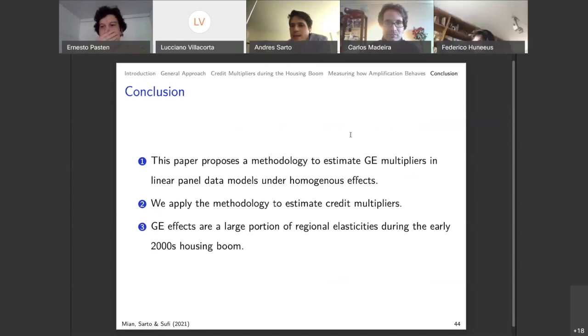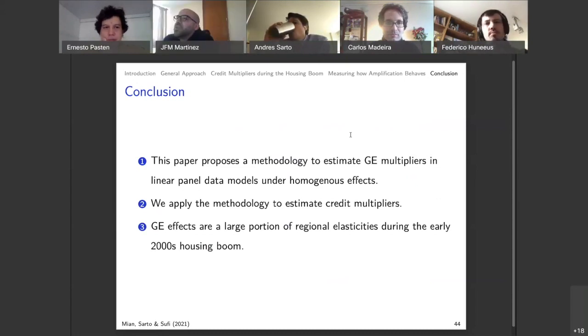Yeah, thank you, Ernesto. Just a quick question. I was wondering if you have thought of applying your methodology to evaluate the general equilibrium effects of COVID-related credit programs that affect the value of collateral, and also have an effect on the financing of banks. Sorry, I missed the first part of the question.